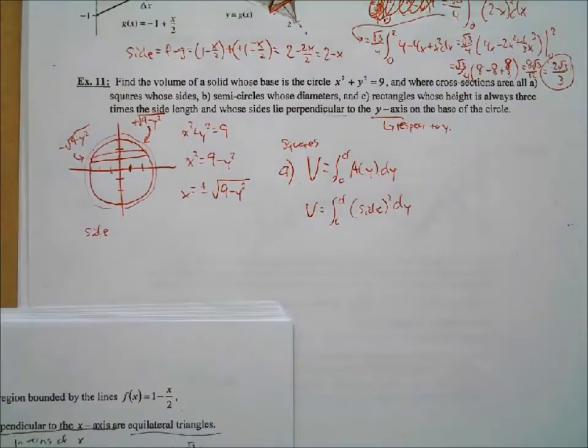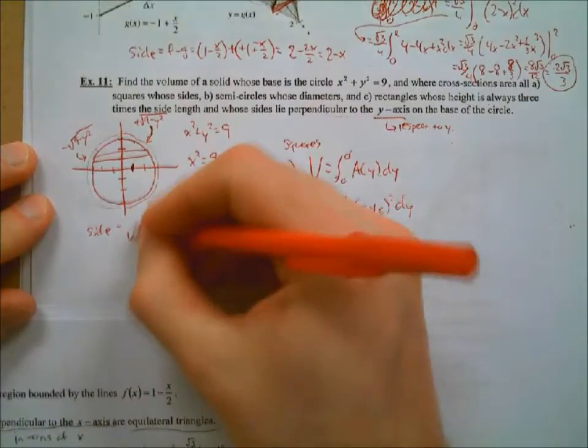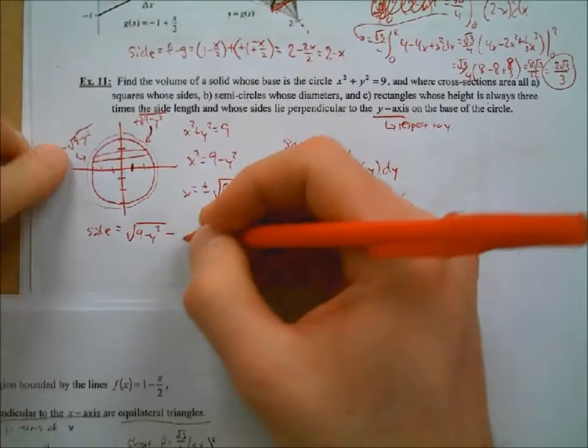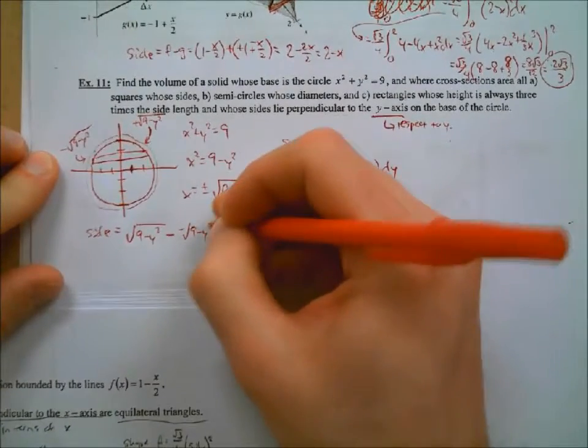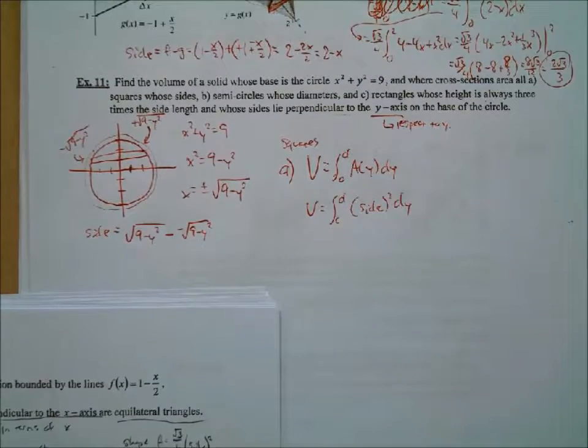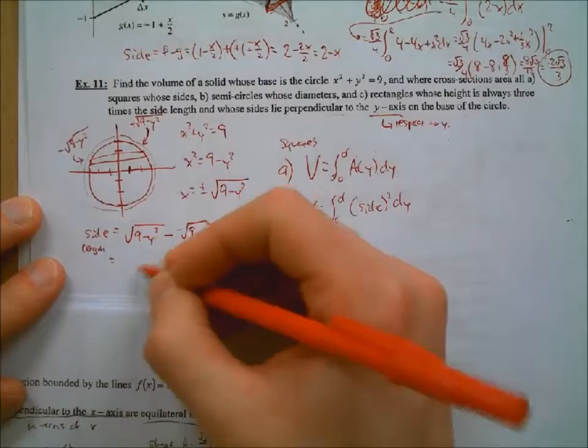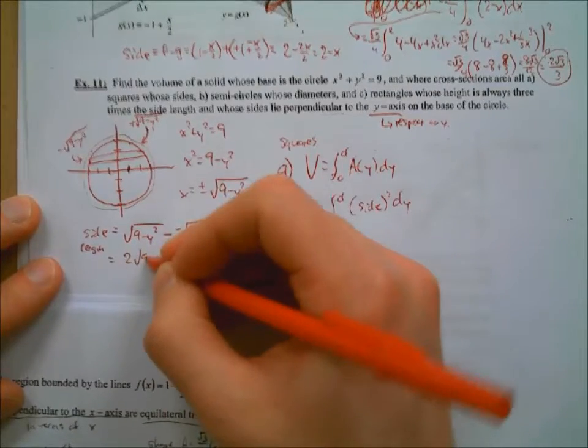So we'll do right curve, root 9 minus y squared, minus left curve, negative root 9 minus y squared, which is plus positive, so it's going to be 2 root 9 minus y squared.